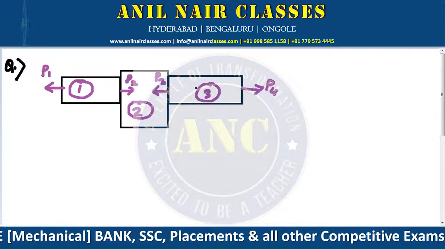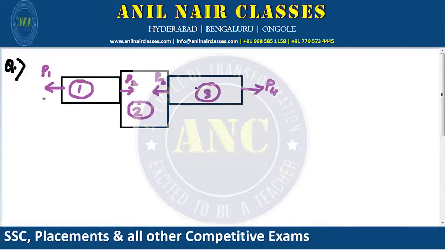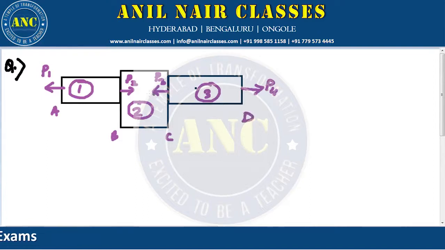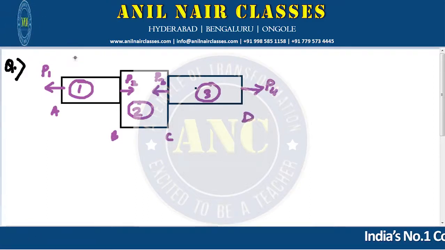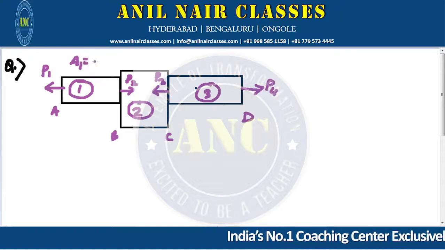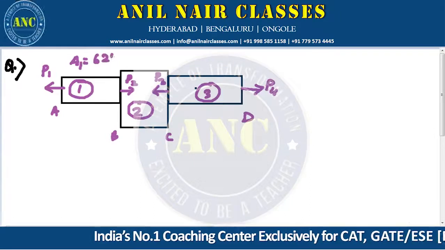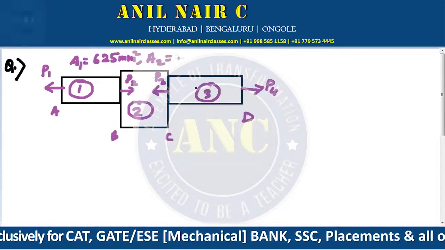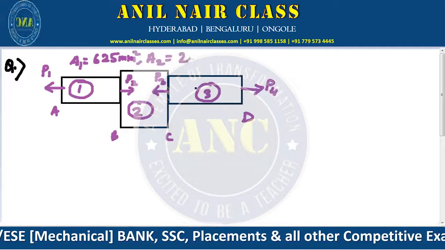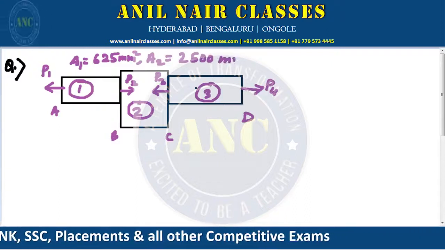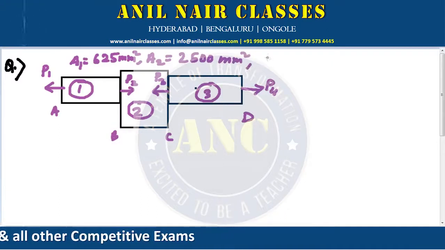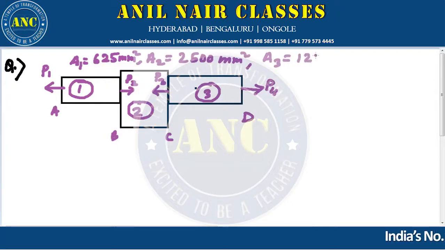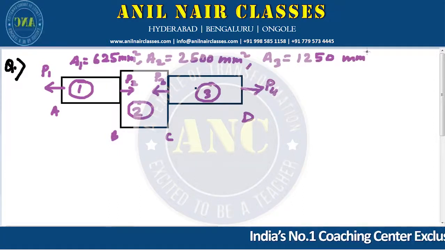right? Now sections 1 to 3, say this is A, B, C, D, where the area of this is A1, 625 mm square, A2 is 2500 mm square, and A3 is 1250 mm square.